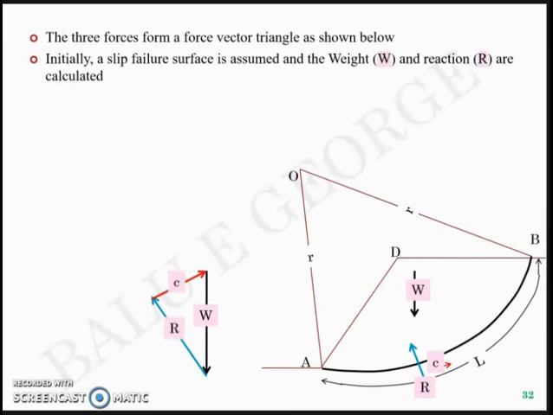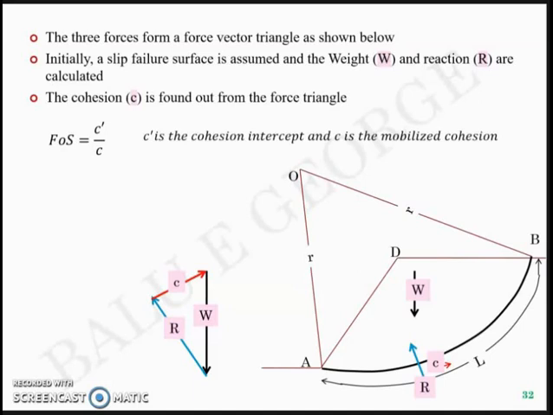So knowing R, W and their directions, you can find C by solving the force triangle. And once you know the cohesion, you can find the factor of safety as C dash by C, where C dash is the actual cohesion intercept, and C is the mobilized cohesion.